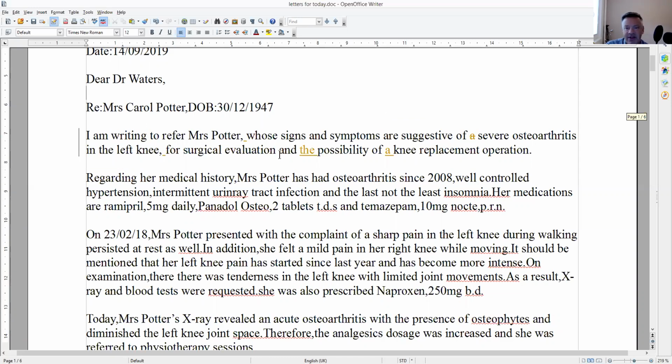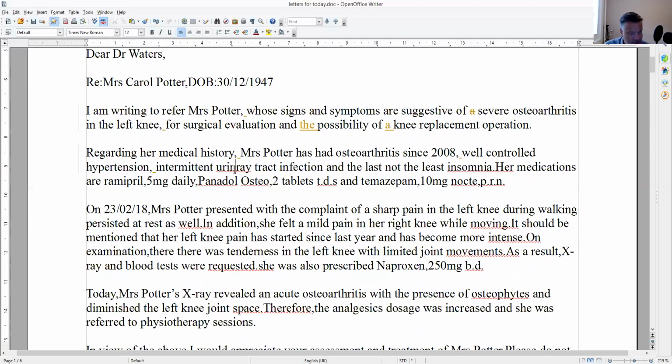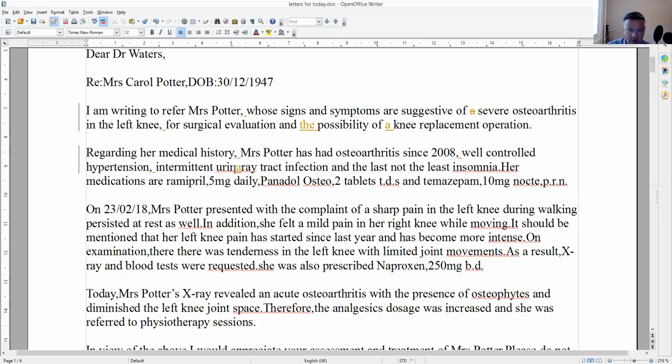But surgical evaluation. Okay, regarding her medical history, Mrs. Potter has had osteoarthritis since 2008. Well-controlled hypertension, intermittent urinary, I think it's a urinary tract infection. And the last, not the least, well, you wouldn't put that there.